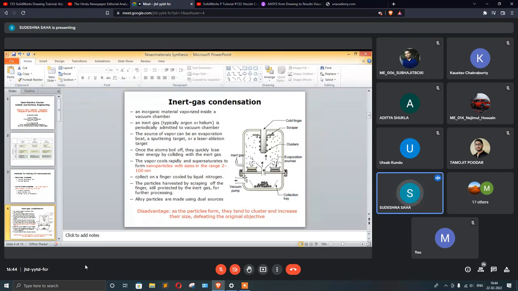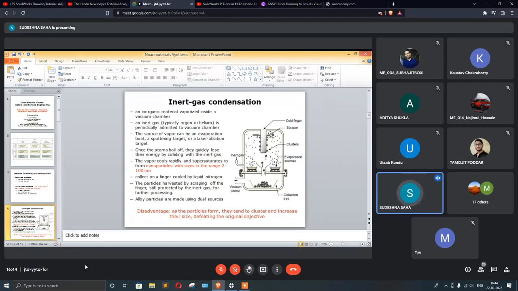Once the atoms boil off, they quickly lose their energy by colliding with the inert gases, and the vapor cools rapidly and supersaturates to form nanoparticles with the size range of 2 to 100 nanometer, and then they form clusters of nanomaterials on the cold finger.